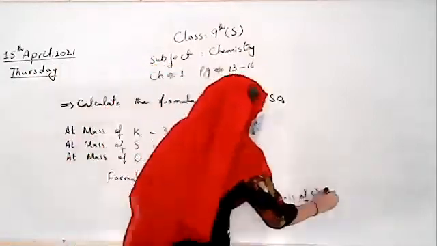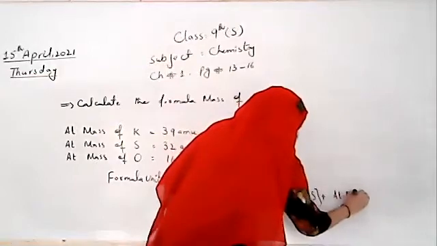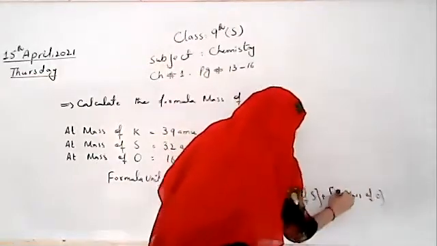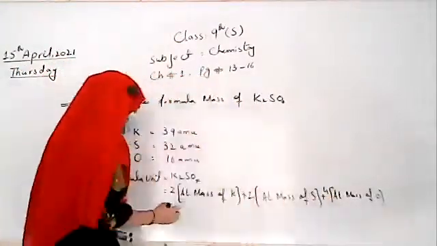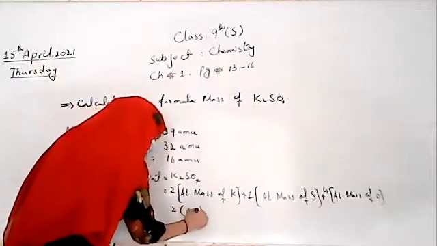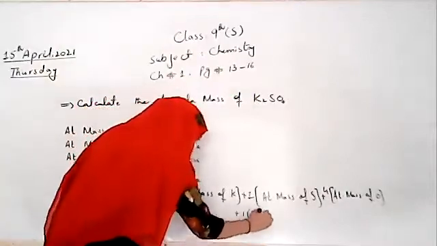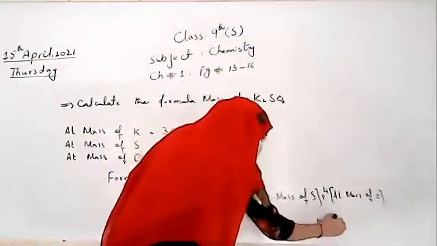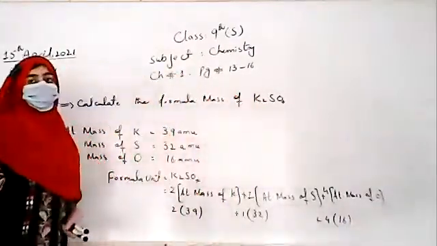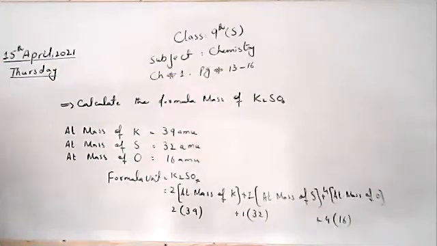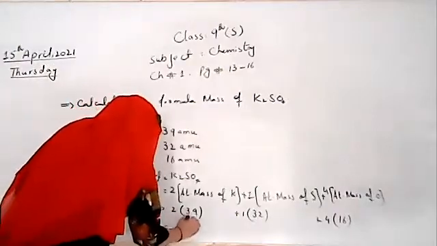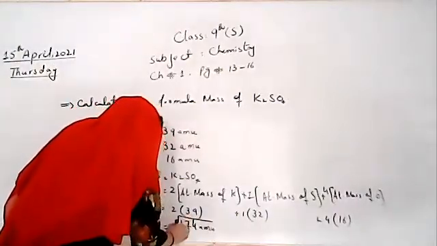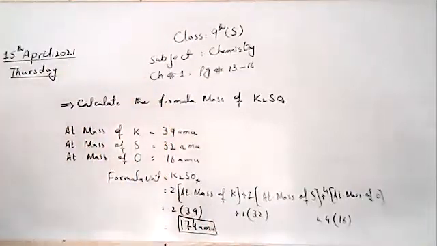Next is oxygen, atomic mass of oxygen. How many atoms of oxygen are used? 4, so we put 4. 2 times 39 plus 1 times 32 plus 4 multiplied by 16. 4 sixteens are 64, plus 32, plus 78 is equal to 174 AMU. 174 atomic mass unit is the formula mass of potassium sulfate.